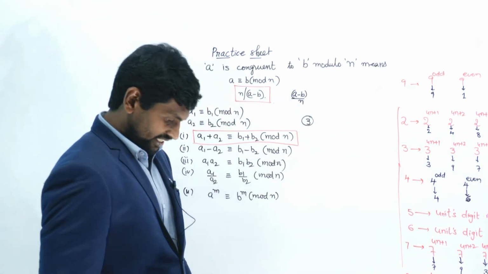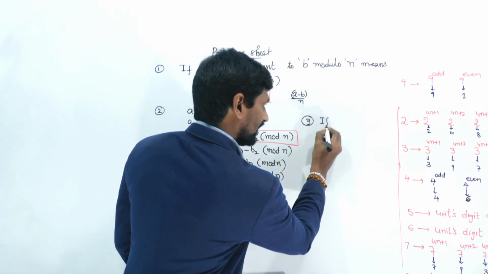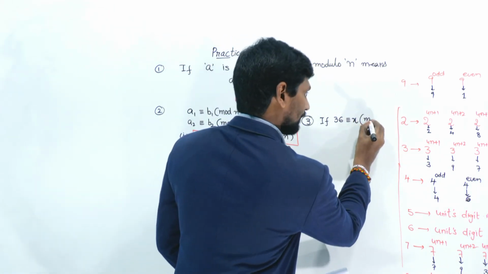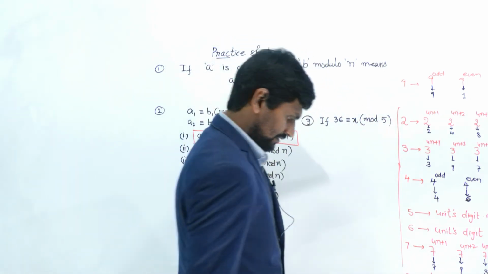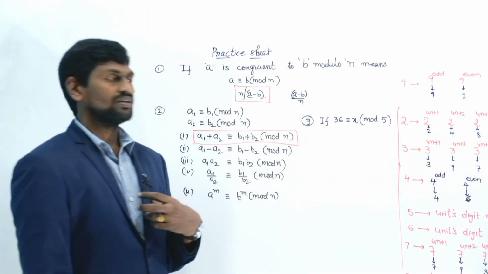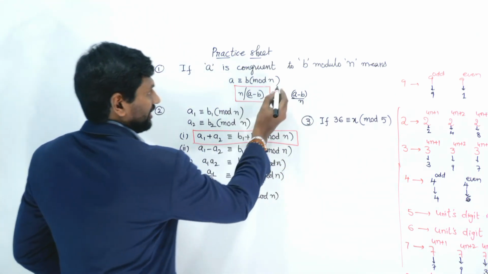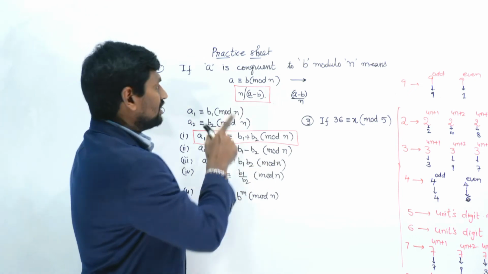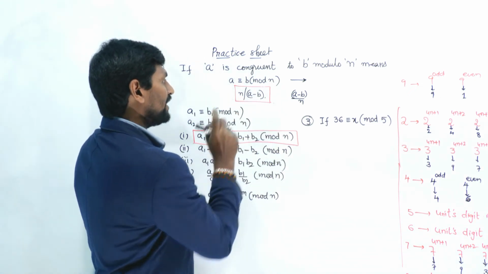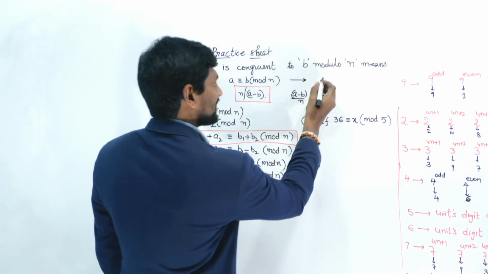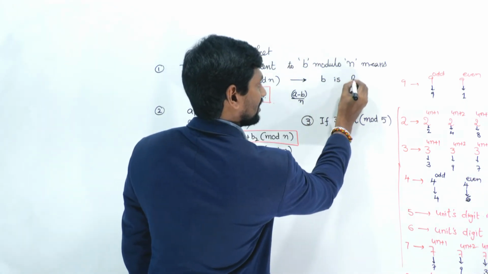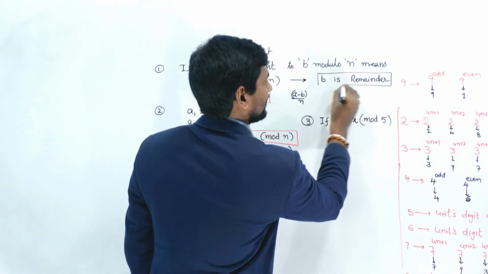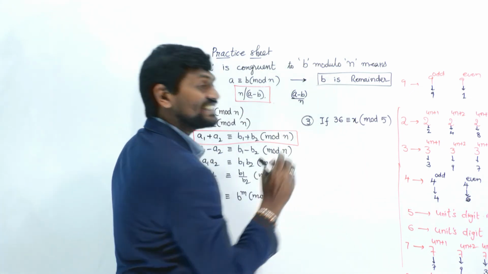Yeah, I am writing here. Third question is, if 36 is congruent to x mod 5, then x is? Here, take the general form of a congruence rule: if A is congruent to B mod n, then A minus B is divided by n. We have discussed in the previous class that B is the remainder. That means here x is the remainder.